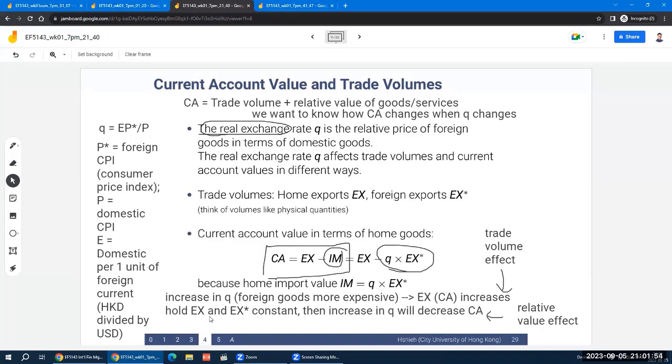If in the very short run analysis, like a few months, you have some sort of shock to P, but EX and EX star don't move, you could see your current account become negative in the short run. But as trade starts to move, then the current account can turn positive. So it depends on your analysis.